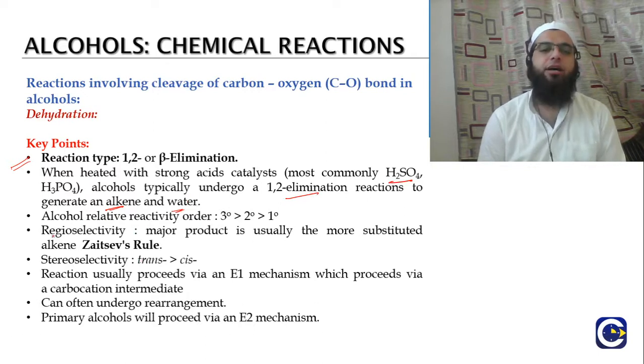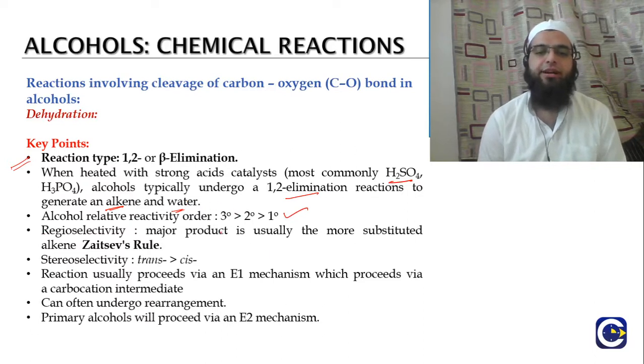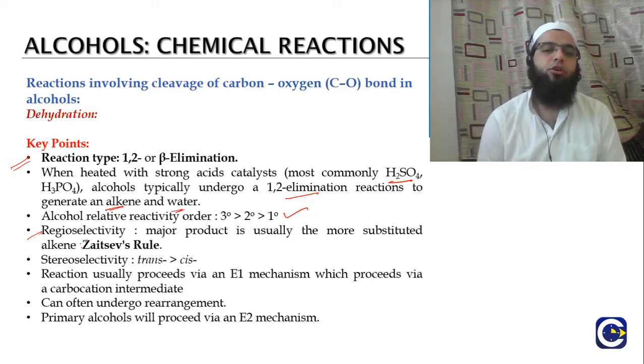And if we talk about the reactivity order, as we have already discussed, this is the reactivity order of the alcohols towards the dehydration reaction. Many a times we get this question. And if we talk about the regioselectivity, the major product is the more substituted alkene according to Saytzeff's rule. So according to this rule, the more substituted alkene is formed.